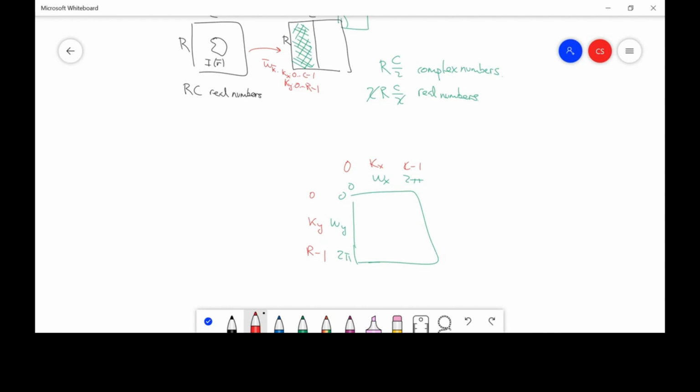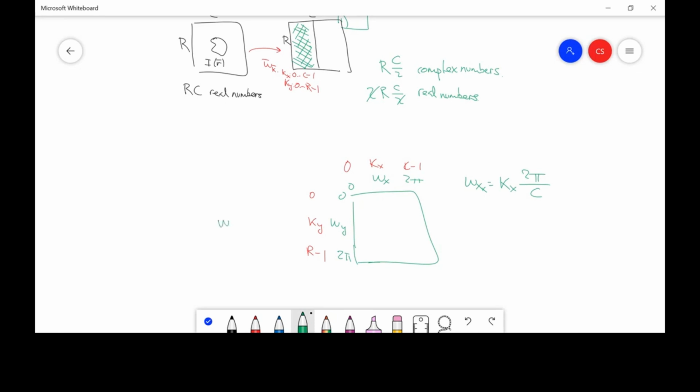Actually, we had yesterday this idea also that omega x is kx times 2 pi divided by C. You remember? And here we have the same.